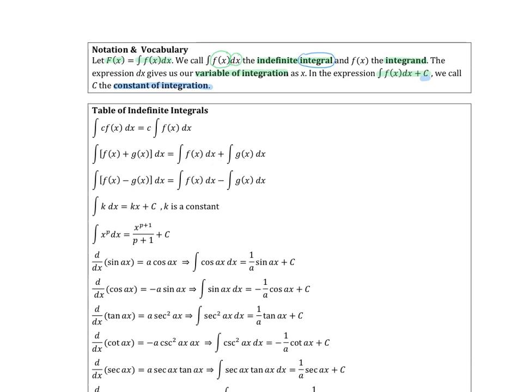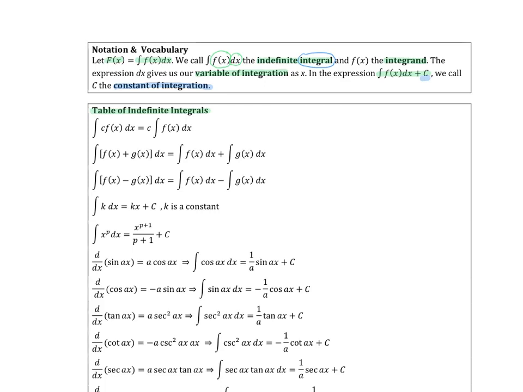It's just another way of writing the antiderivative. When we write it with that weird symbol, which is the integral symbol, we can look at this table of indefinite integrals that you're allowed to use when you're trying to find the antiderivative or the integral.